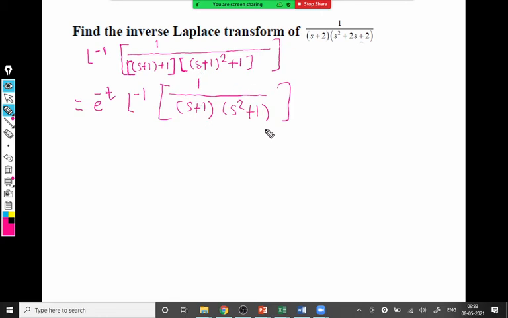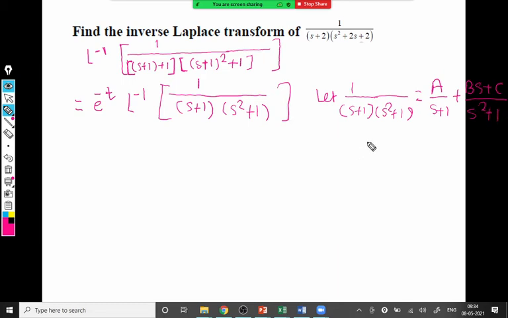What should be the partial fraction now? Sir, A upon s plus 1 plus Bs plus C upon s square plus 1. Correct. So whether we have done this already? Yes, sir, this is the same question, that is the first question we started. Sir, 1 by 2 e to the power minus t plus cos t plus sin t.